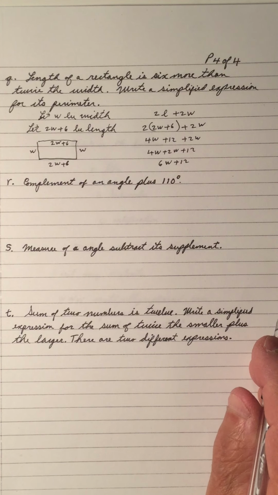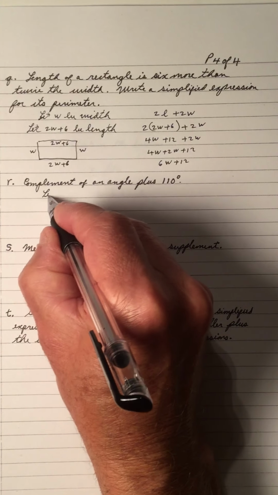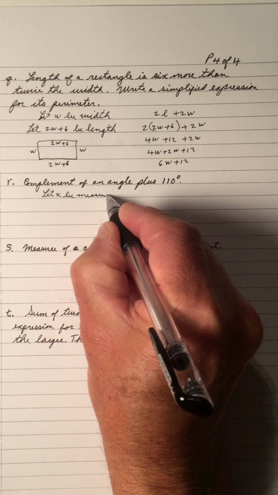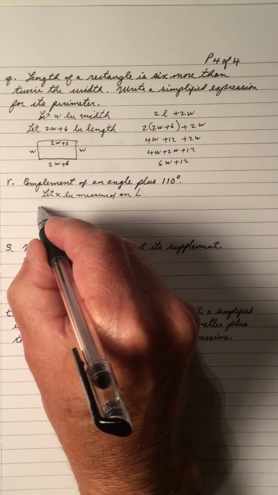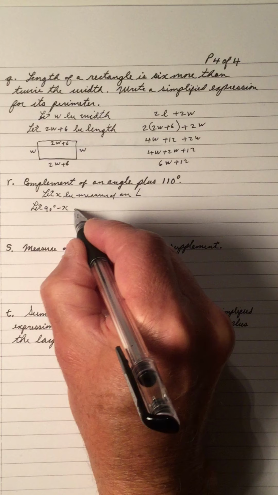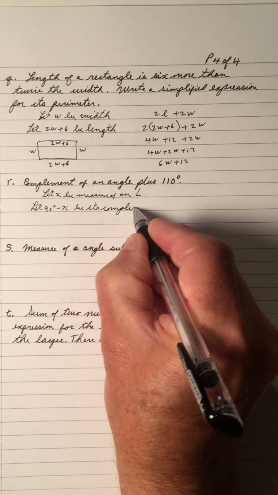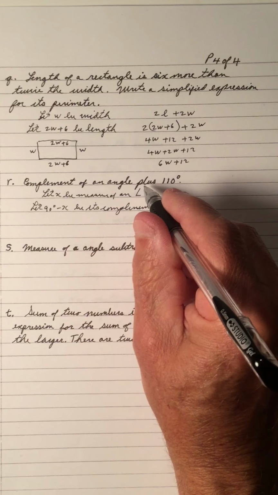Next, the complement of an angle plus 110. The complement of an angle, we'll let x be the measure of an angle. A complement, we'll let 90 minus x be its complement. So we want this, what is the complement plus 110?